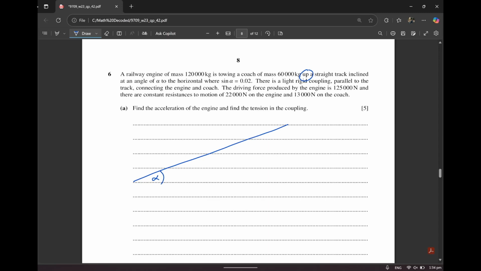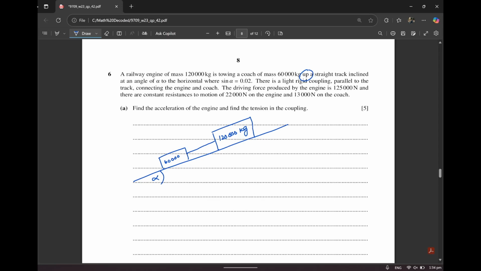So we're going to be taking this as the 120,000 kg mass and the coach of mass 60,000, with a string in between.